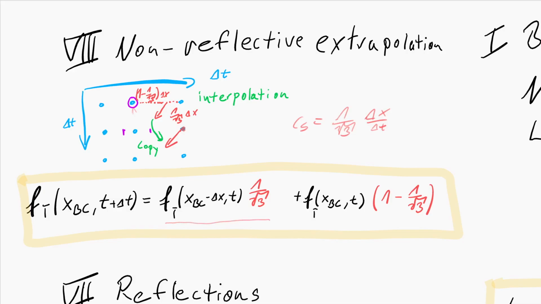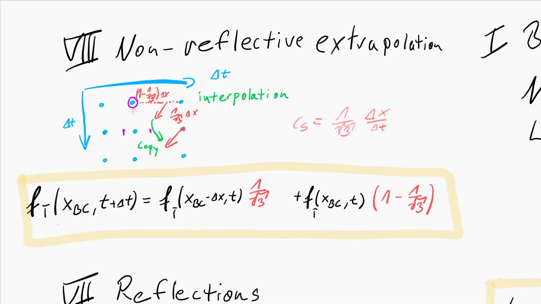So we take the distribution, or the population, at the neighboring node at the previous time step. We multiply this by the weight 1 over square root 3, and we take the distribution at the boundary in the previous time step and multiply this by 1 minus 1 over square root 3, and thus we write back to the next time step.